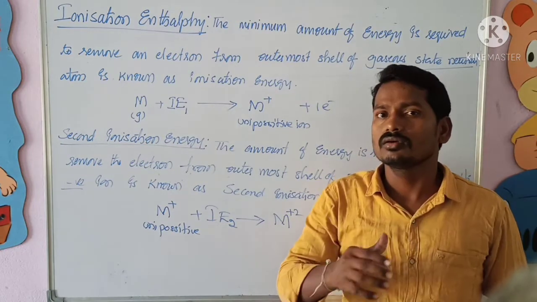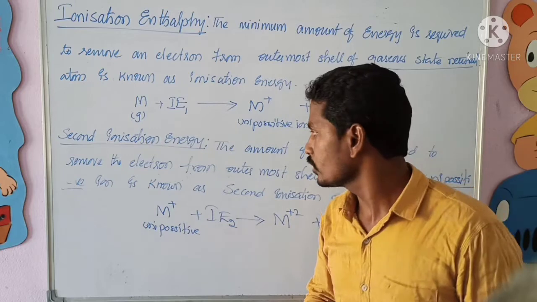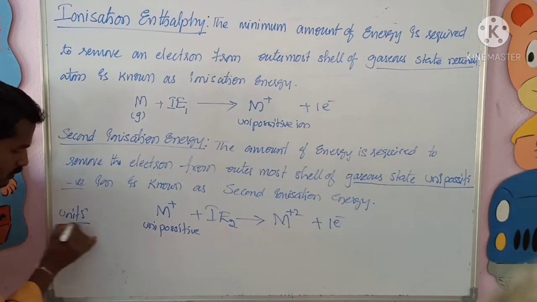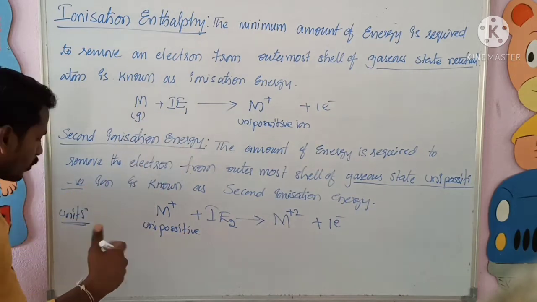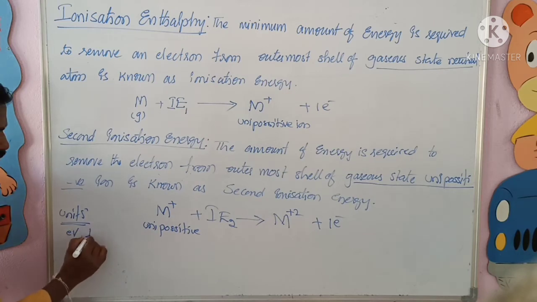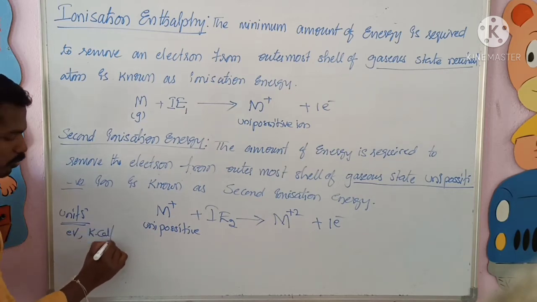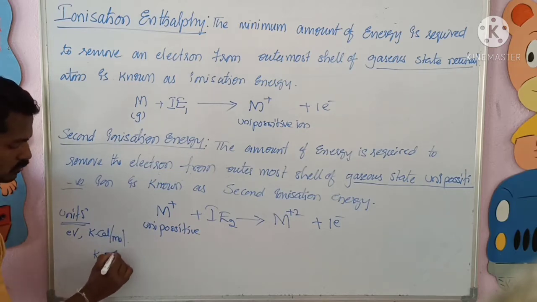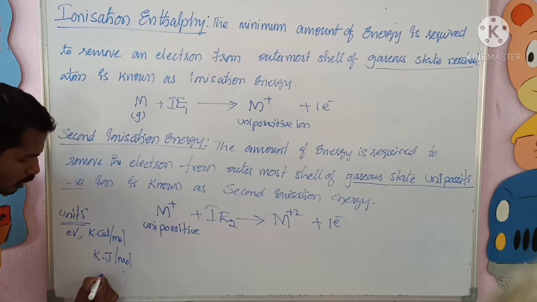The ionization energy units are, in both cases, the amount of energy. Energy units are electron volts, kilocalorie per mole, kilojoules per mole, or joules per atom.